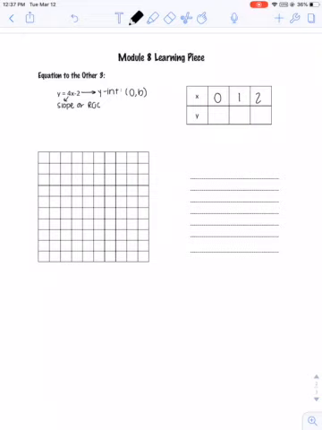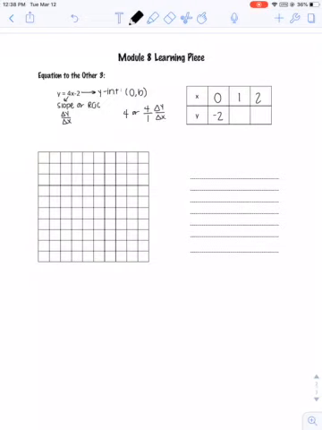So when x is 0, y is -2. I knew that from my y-intercept. And then I'm going to use my slope to fill in the other pieces. You can also plug these into the equation, but we can also think about this as, again, change in y over change in x. So 4 is the same as 4 over 1. So this is our change in y, that's our change in x.